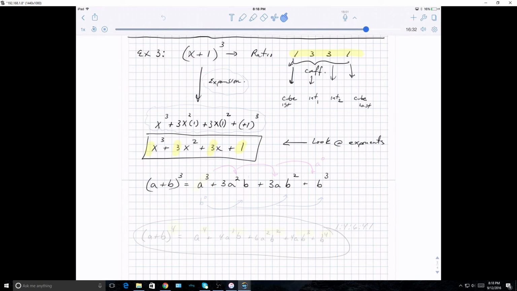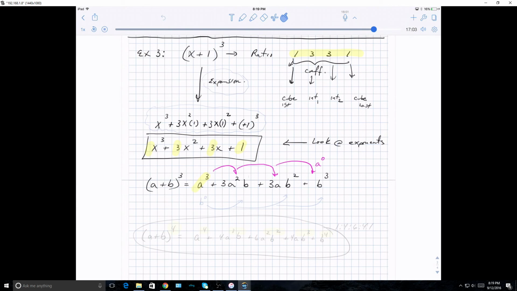So if you notice the lead coefficients, so here, let me highlight it, a cubed, we can see the exponents are counting down on a's. There's actually an a to the 0 right here. And it's a little hard to see, but I'm hoping that you see that the lead coefficients' exponents count down.